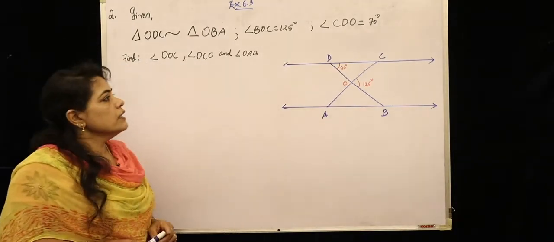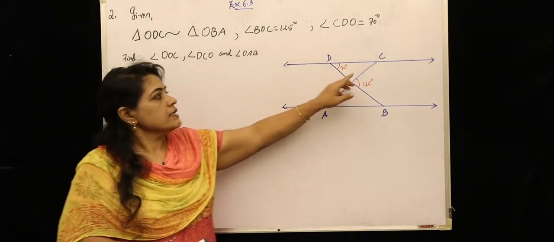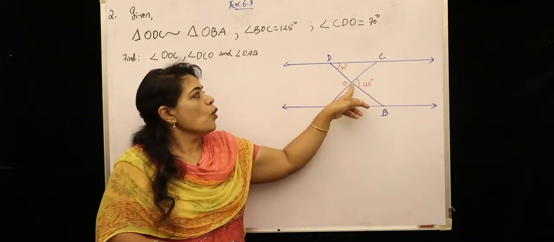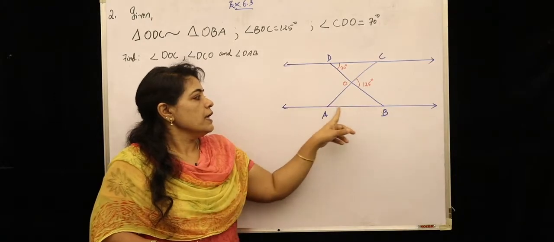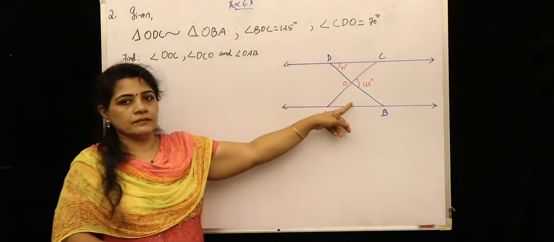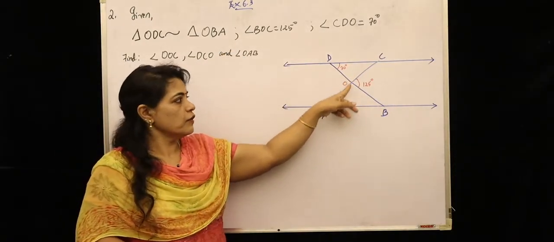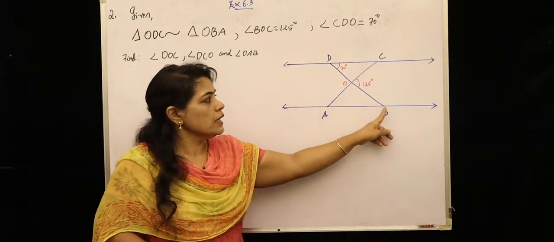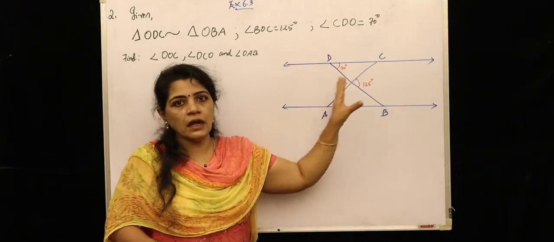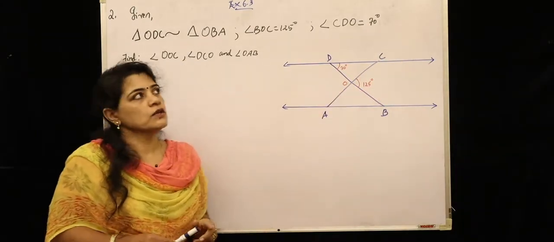Here we have given in this figure triangle COD and triangle OBA. They are similar. First of all identify these triangles, and angle BOC is given as 125.